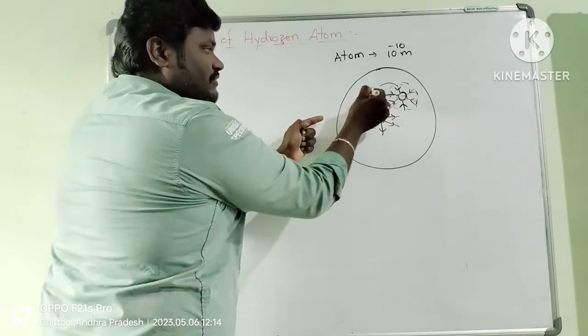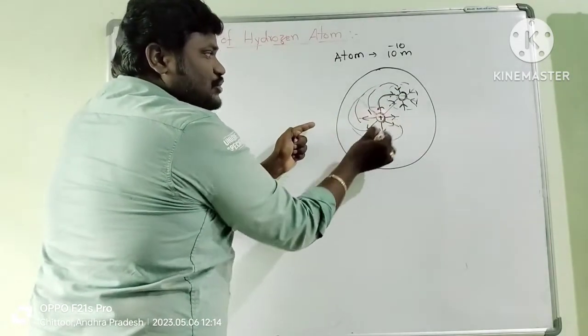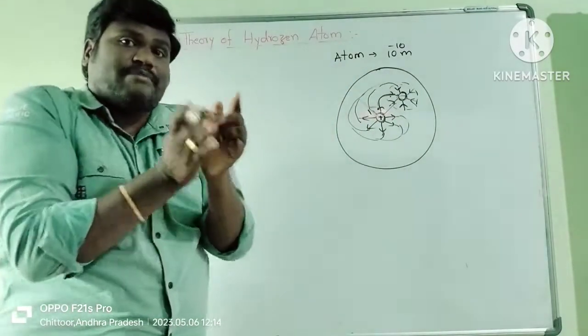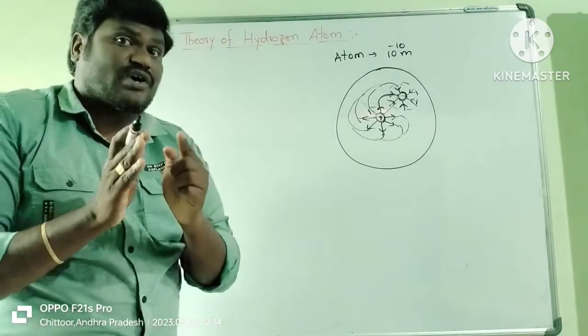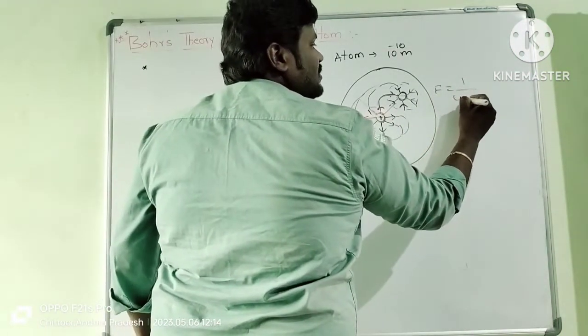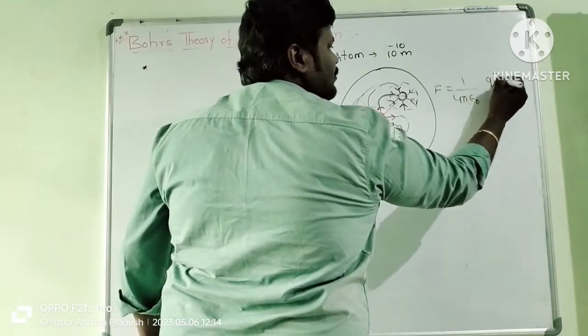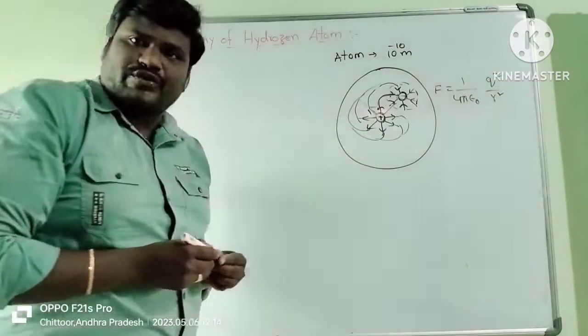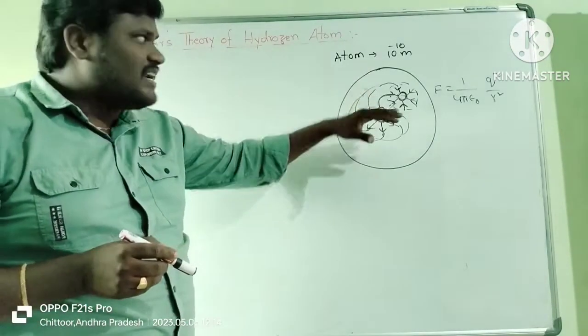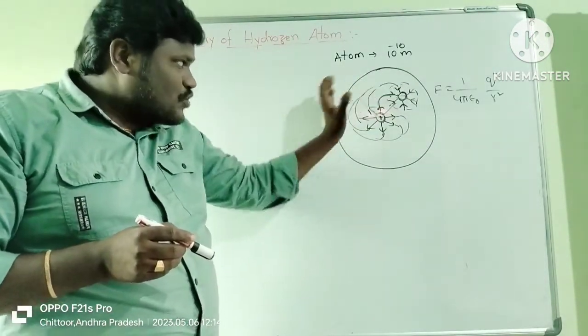So the electrical lines of force are continuously pulling the neighboring lines of force, which is caused by the Coulombic attraction force. The Coulombic attraction force is 1 by 4 pi epsilon naught Q square by R square. This force exerts on the electron continuously. Due to that reason, it will attract the electron towards the nucleus.